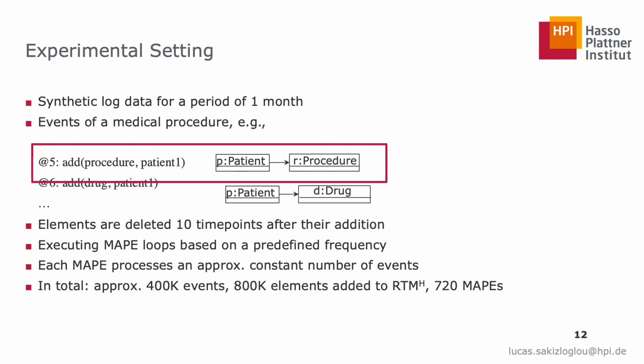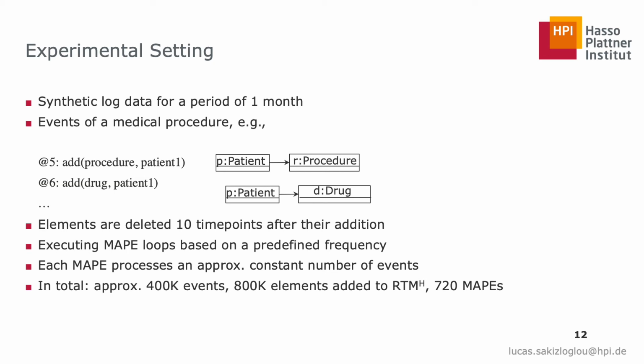For example, at time point 5, there was an event that added a procedure to a patient, and this was translated into the structure you see on the right, a node of type patient associated to a node of type procedure. Elements lasted in the runtime model with history for 10 time points. That is, they were deleted 10 time points after their addition.